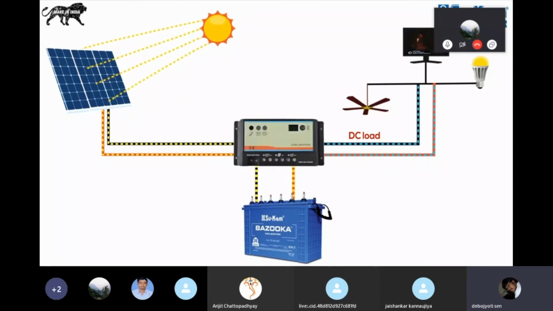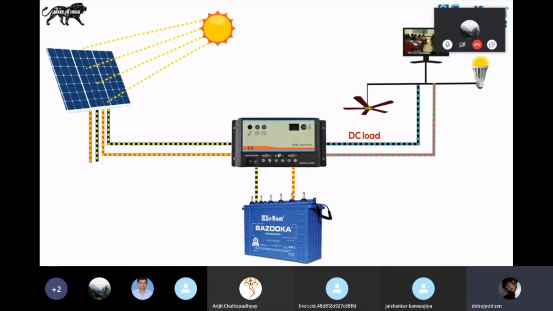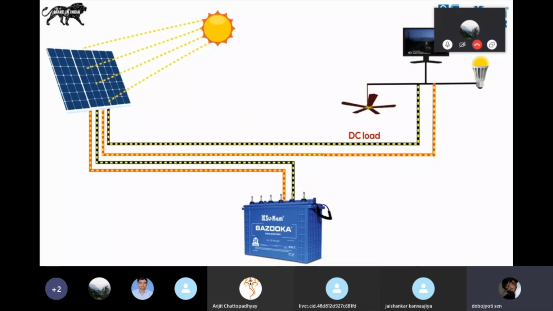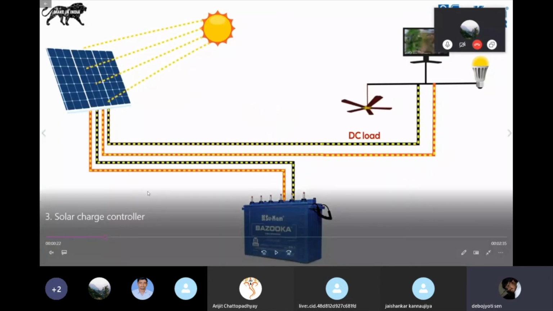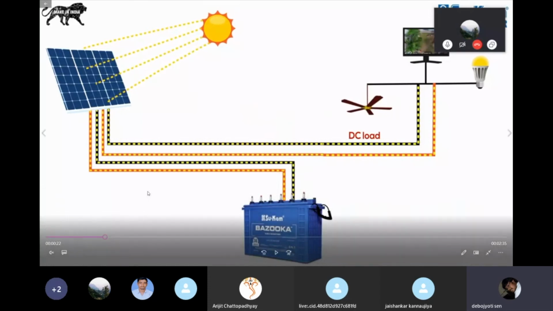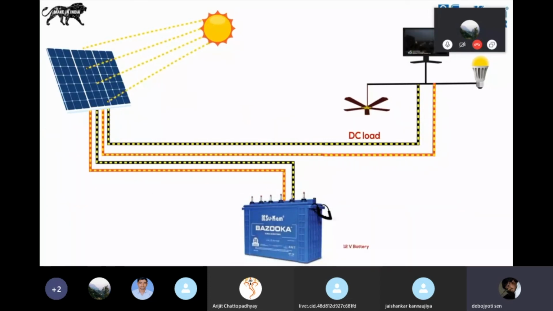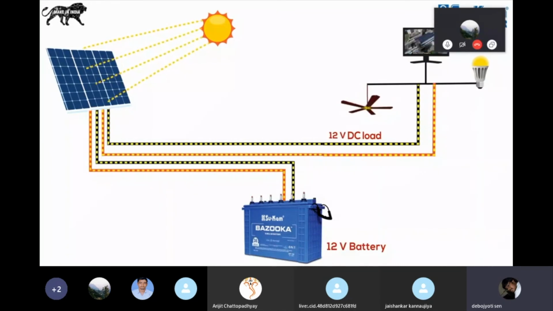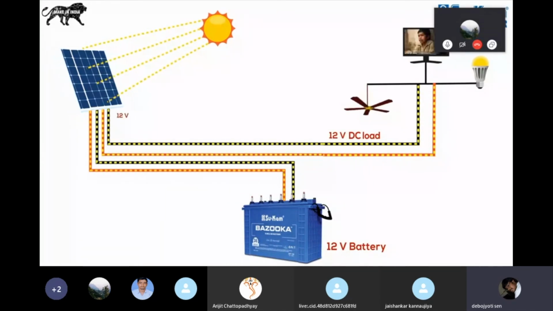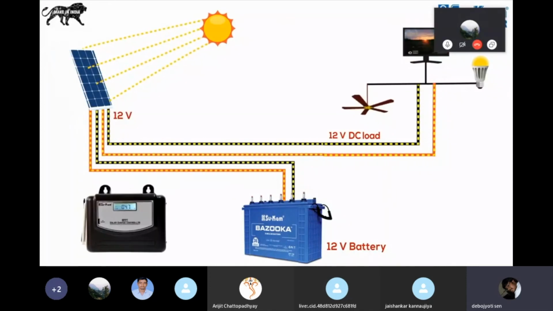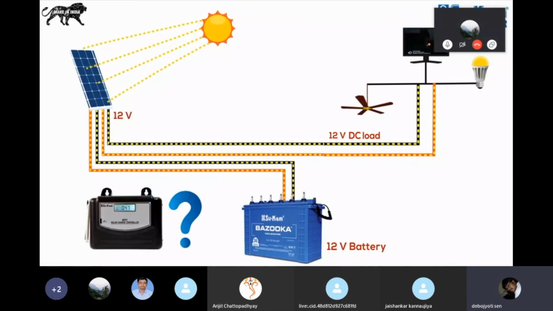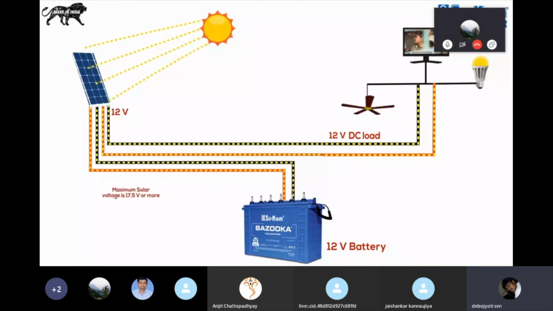Now, if we connect the panel directly to the battery without the charge controller, this would be the design. We don't have any charge controller. So what would happen in this case? Say it's a 12-volt battery and we take a 12-volt panel. There is no charge controller in this system.